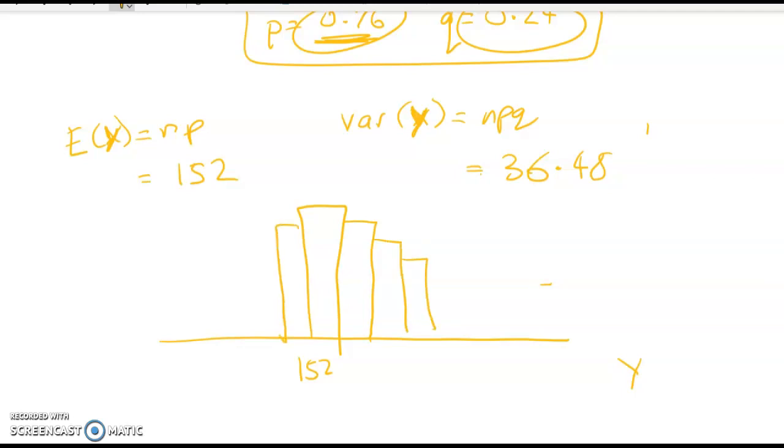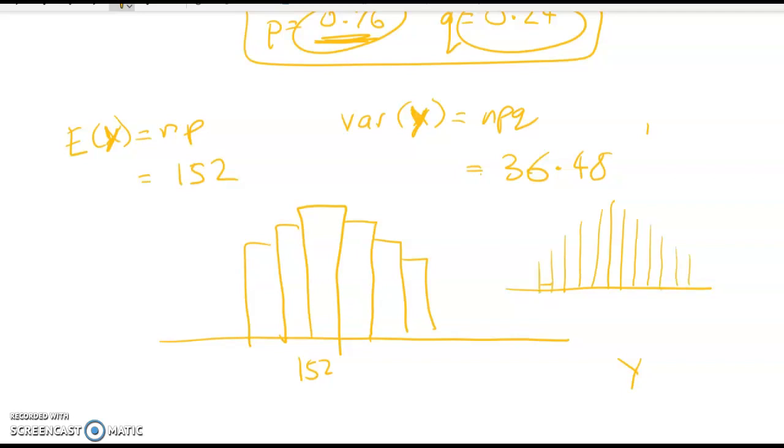Strictly speaking, you could think of that graph as in the textbook with separate lines. So, bad drawing, hang on. You could think of having a line at 152, that's the mean, then a little line here, and here. But what we're going to do is use the normal distribution to approximate this discrete distribution.